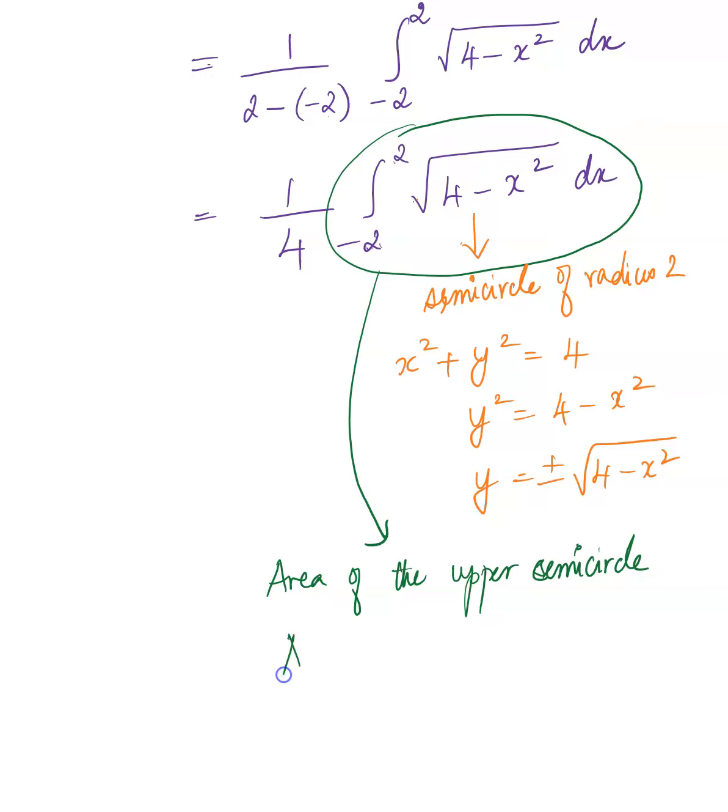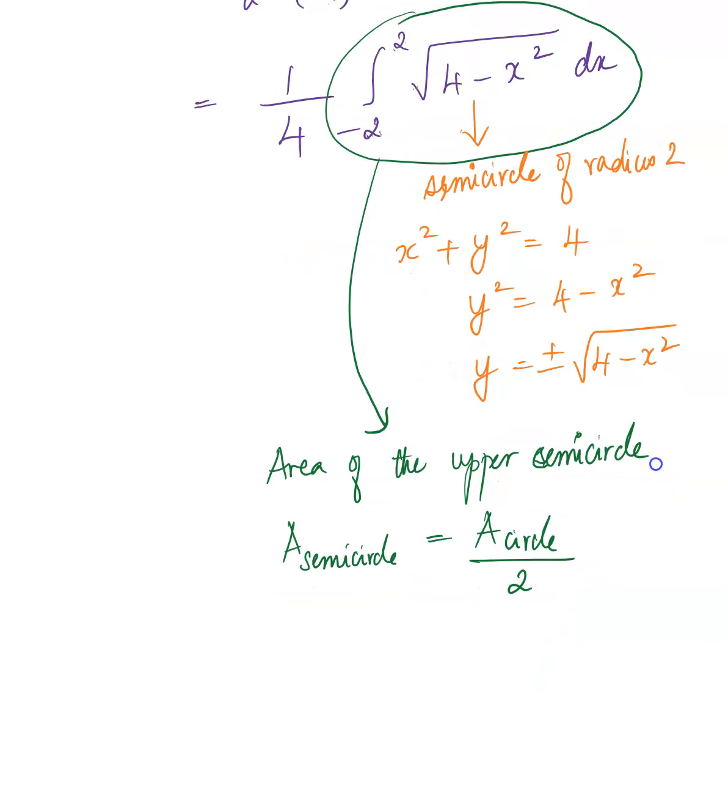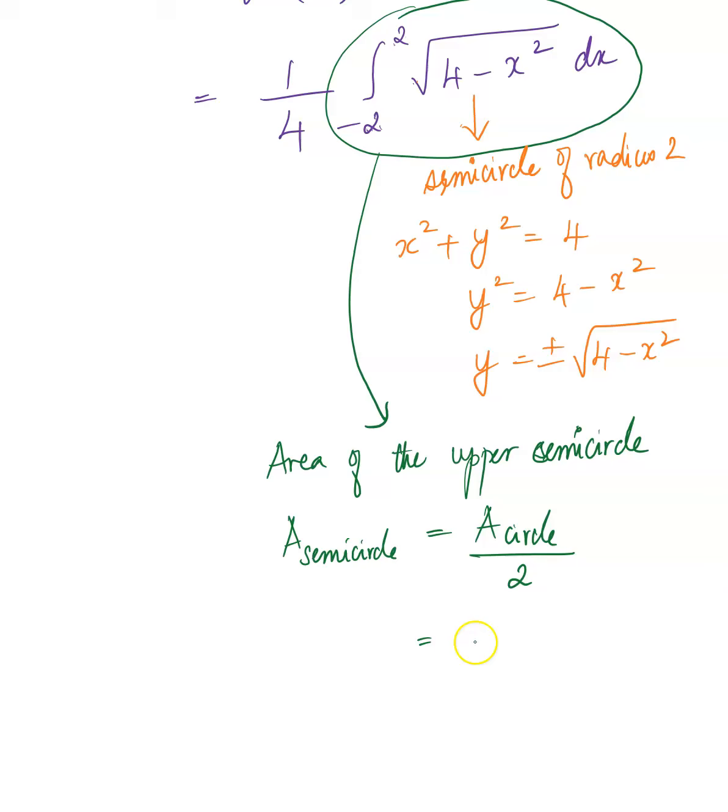The area of a semicircle is the area of the circle divided by 2, isn't it? It's half of the area of the circle. Half times the area of a circle, pi r squared. The radius is 2 here, 2 squared. So then you clean it up, you get 2 pi. And so that's what I'm going to insert in the step here.